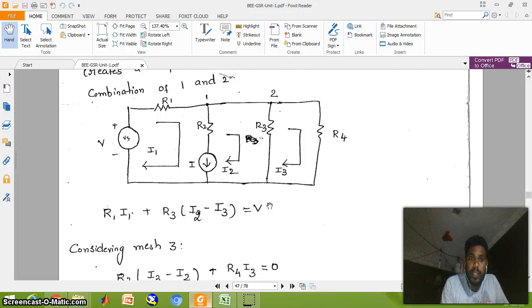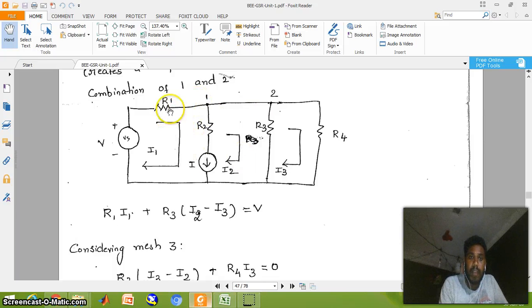Here the drop voltage is taken on the outer loop, R1 and R3, because in between a current source is there, we can't write the voltage value across the current source. That's the reason we take the outer loop. So loop 1 and loop 2 are the super mesh.